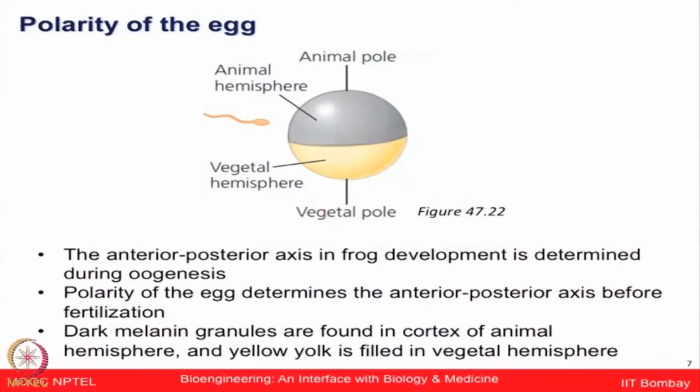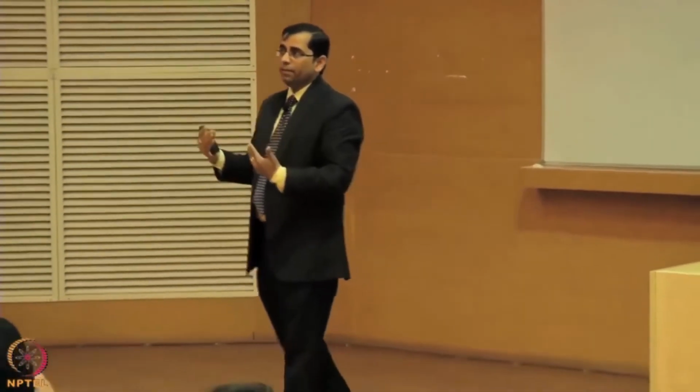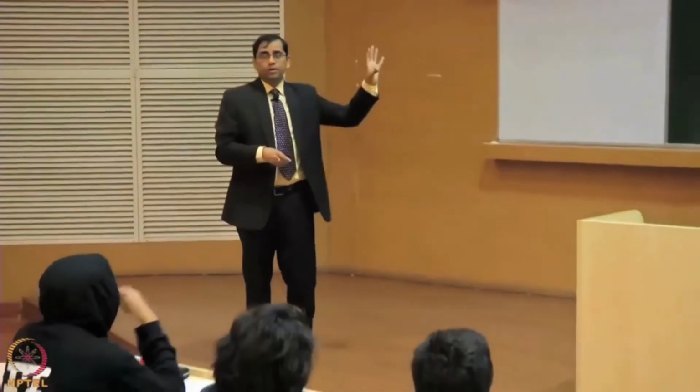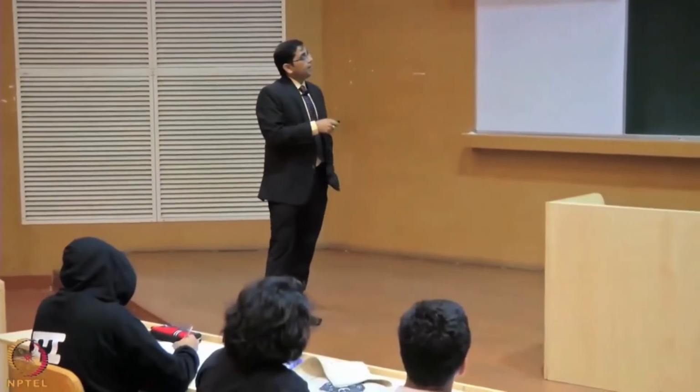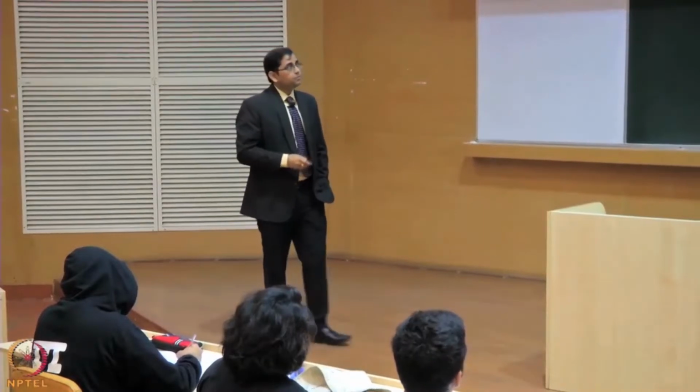Of course, the animal pole is rich in dark melanin granules, and the vegetal pole is rich in yellow yolk. So these two orient the cell in that format, and many of the subsequent divisions will happen in this particular orientation along the anterior-posterior axis.